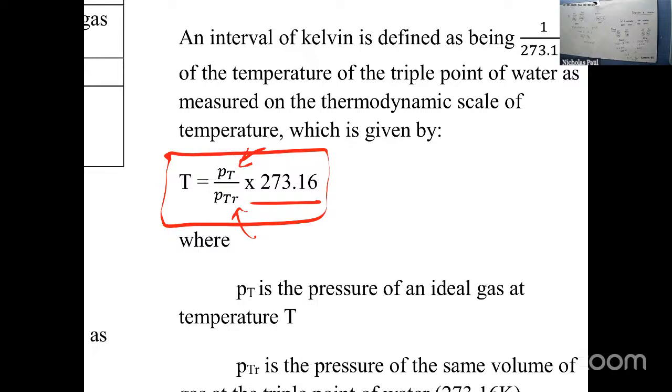Write the formula and put a note that these temperatures are always in Kelvin.